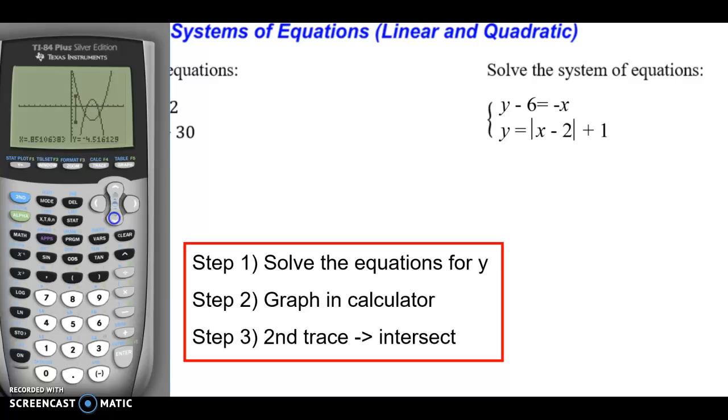Not necessary in this case, but I'm just reminding you that this is always a possibility, especially if you're trying to find an x-intercept. So see how I dragged a box around those two intersections, and then hit enter, and it will get you a little bit closer.